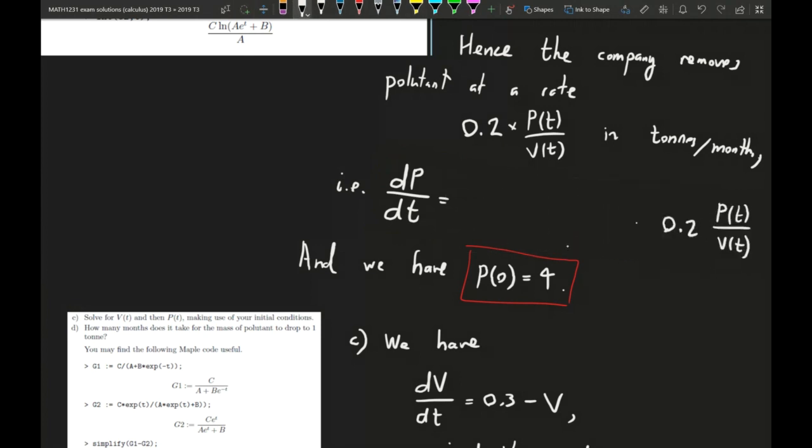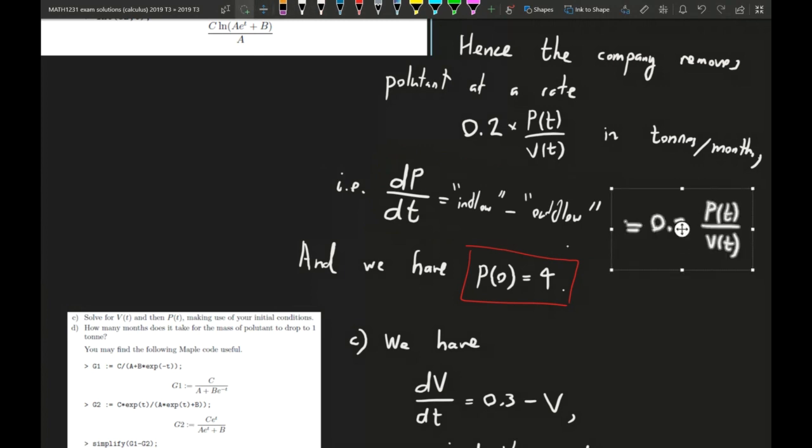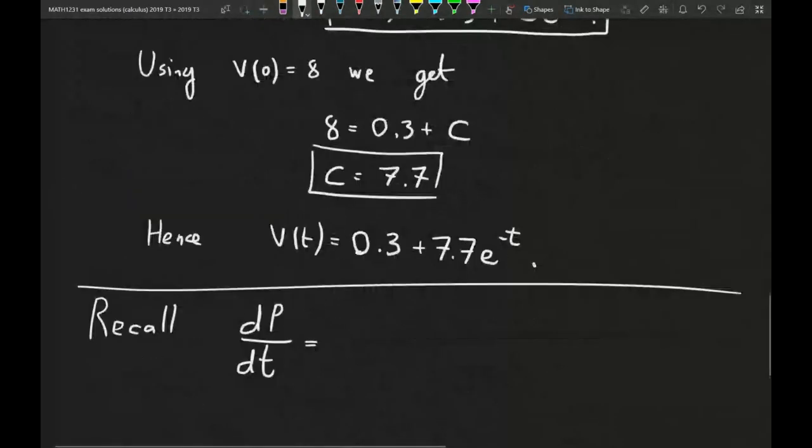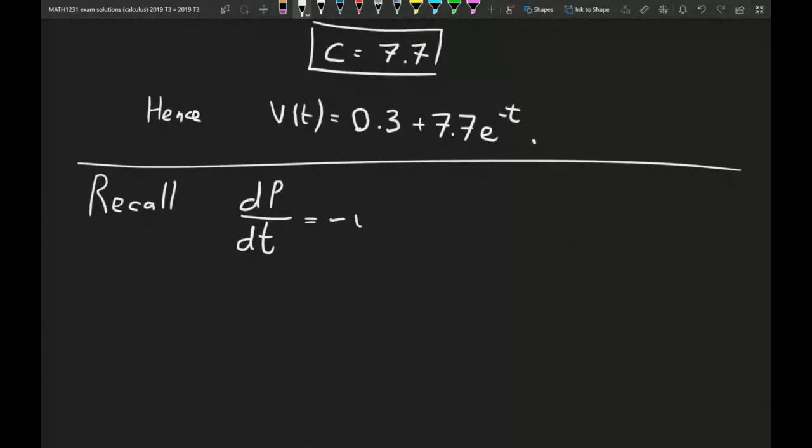So let's fix this up. It's really the inflow of pollution minus the outflow. Now the river flowing in was clean, so there's no pollution coming in that way. There is only the pollution being removed. So it is important to get a negative sign. Let's go back down here. So it was minus 0.2 p(t) over v(t).